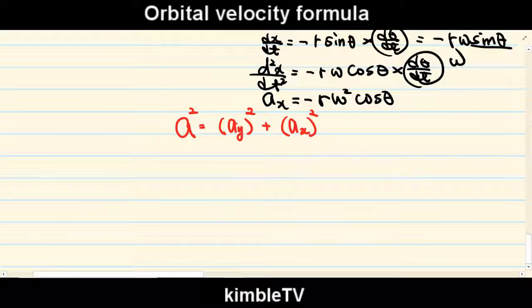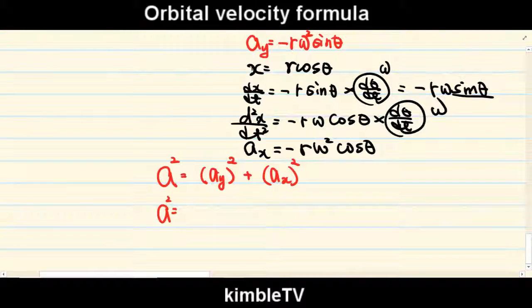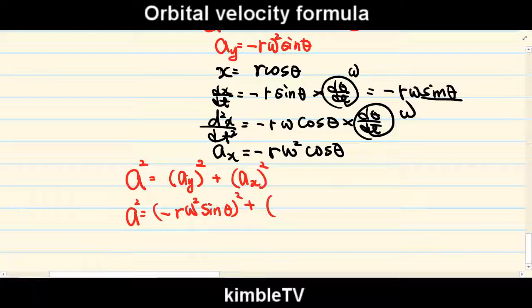And substitute: a squared equals ay squared, where ay is minus r omega squared sine theta, squared, plus the horizontal acceleration minus r omega squared cos theta, squared.